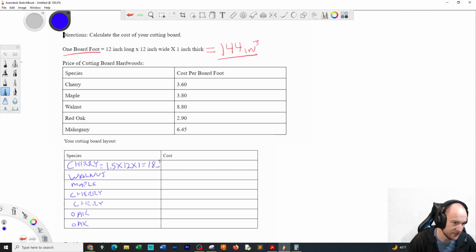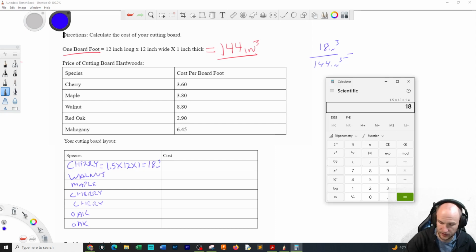So what does that mean? Well, 18 inches cubed is a portion of a board foot. If we take 18 inches cubed and put it over one board foot, which is 144 inches cubed, 18 divided by 144 gives us 1/8 of a board foot.